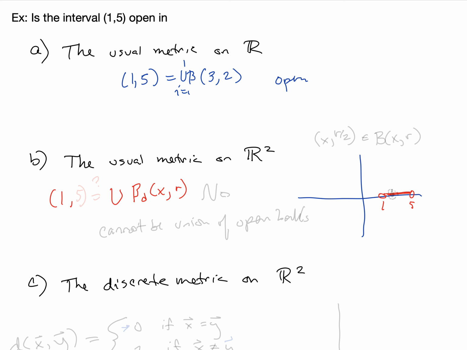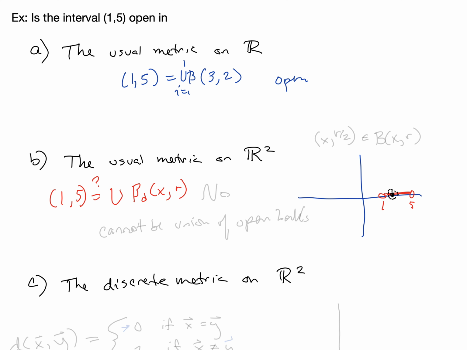So could (1, 5) be such a union? So let's take any point x in this set and any radius r. So if we take any radius r in the usual metric, that is going to contain some points where the y value is greater than 0.